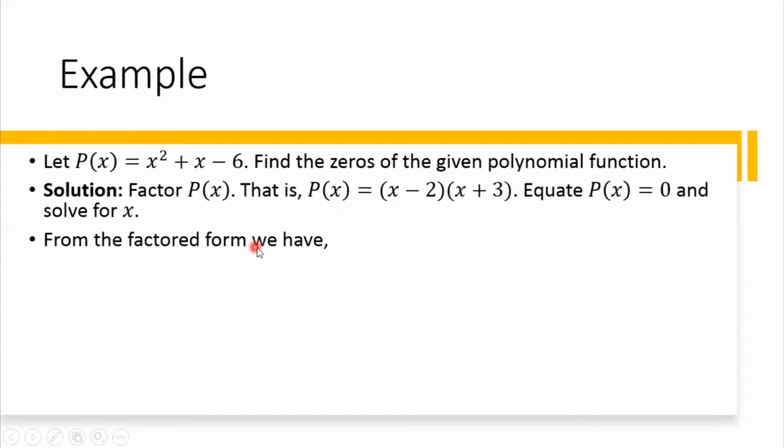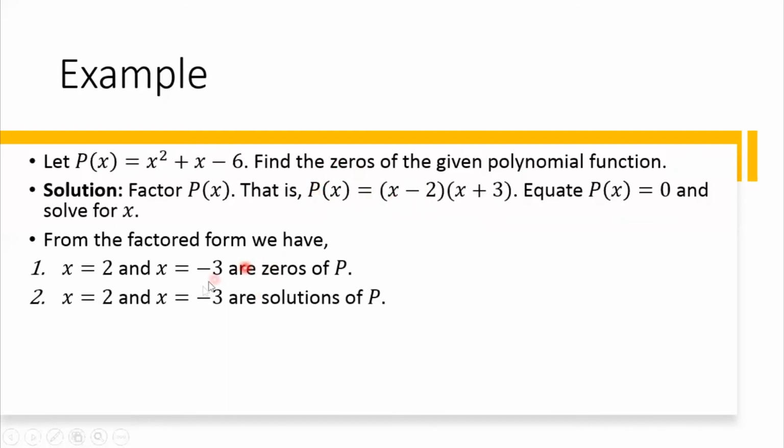From the factored form, we come up with x is equal to 2 and x is equal to negative 3, which are zeros of the polynomial function p. These are the values that make the function 0. Number 2, x is equal to 2 and x is equal to negative 3 are solutions of p, because solutions and zeros are equivalent.